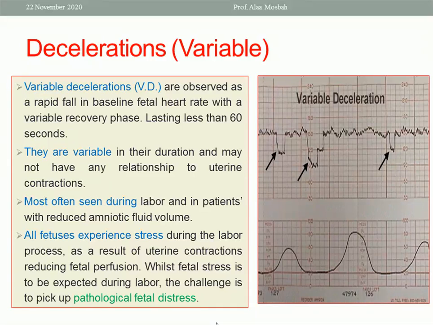While fetal stress is to be expected during labor, the challenge is to pick up pathological fetal distress. So, in every labor, there is a stress of uterine contraction. But what is important is to pick up the pathological fetal distress.